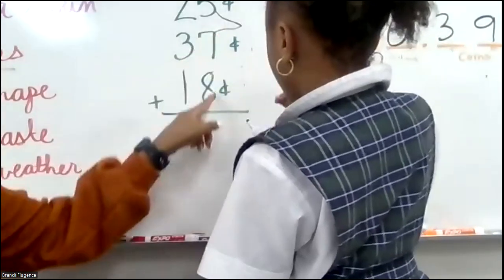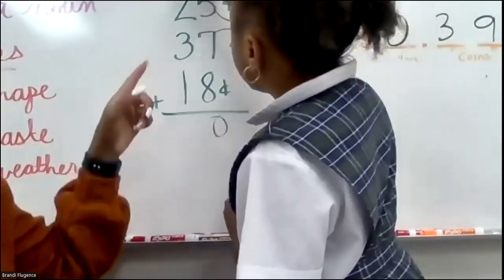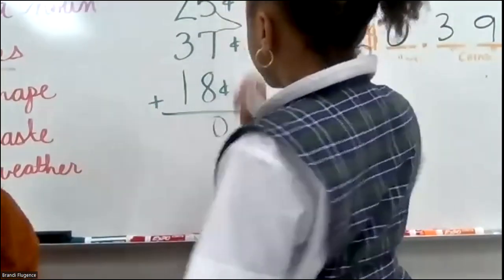No, it's 20. 12 plus 8 is 20. So put 0. And then what you gonna put?